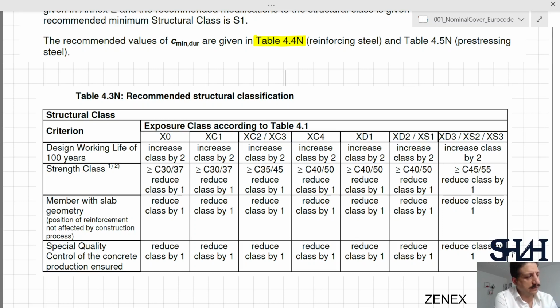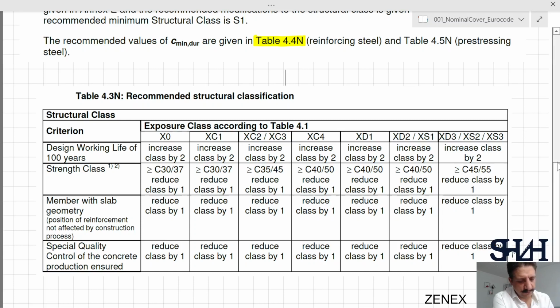In that case, we might be able to reduce the class. And sometimes we are dealing with a structure with a longer working life of 100 years, since S4 is always for a working life of 50.